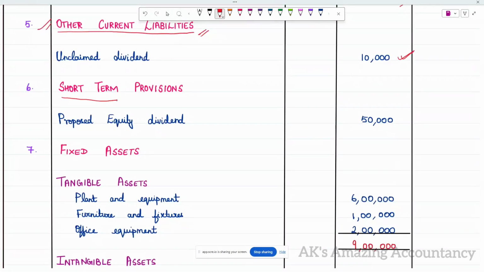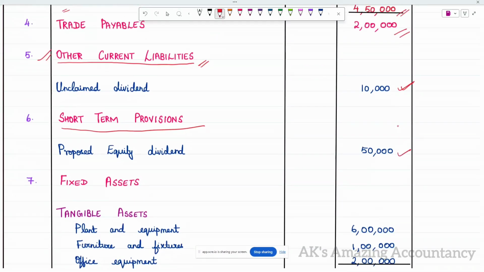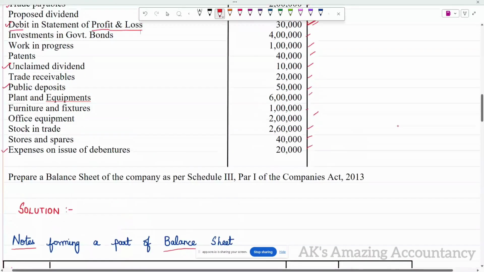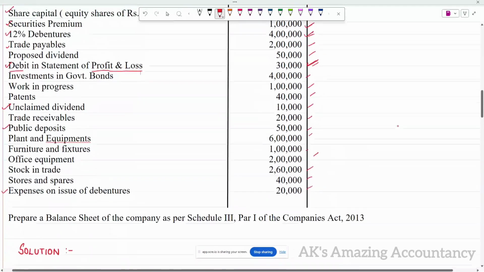This note 6 is for short term provisions. Under it, we'll have proposed equity dividend. The proposed equity dividend that is given to us in the problem is how much?